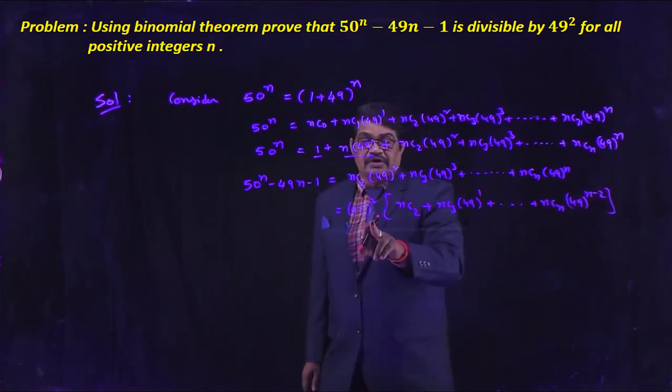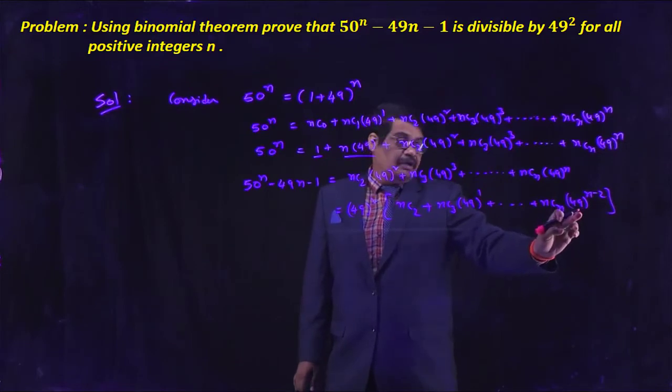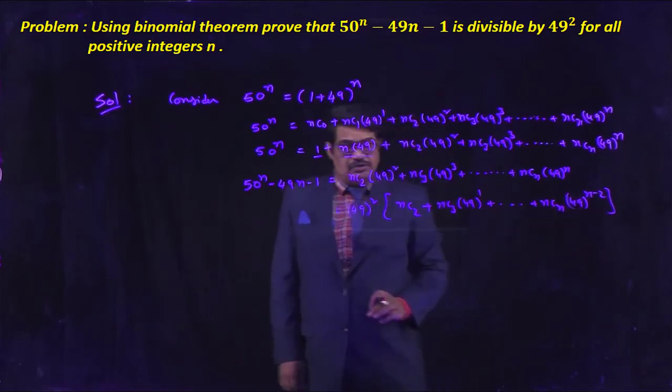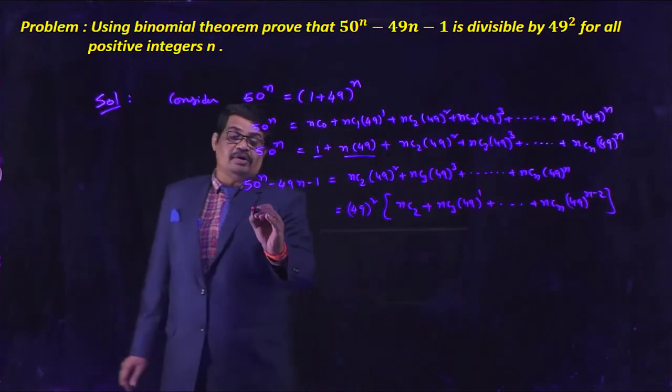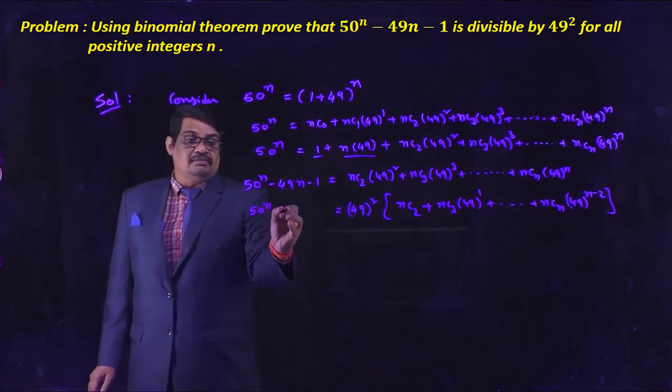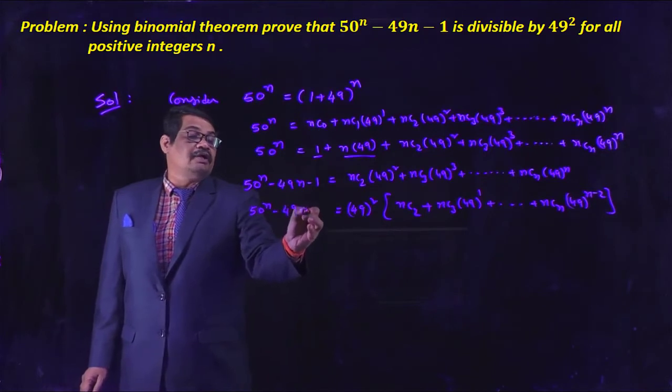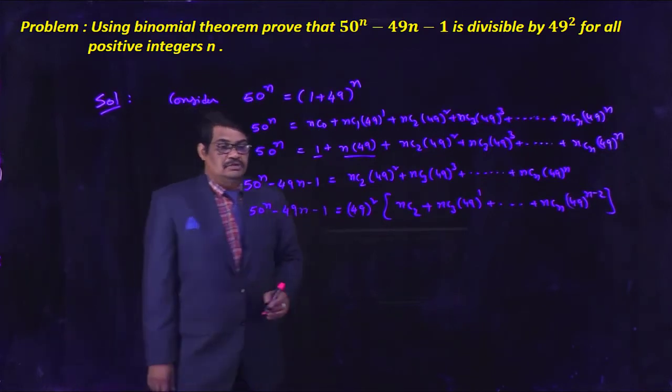So 49 square is common, and the remaining is 49 to the power of n minus 2.